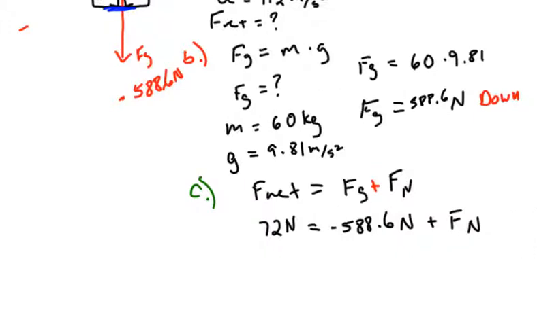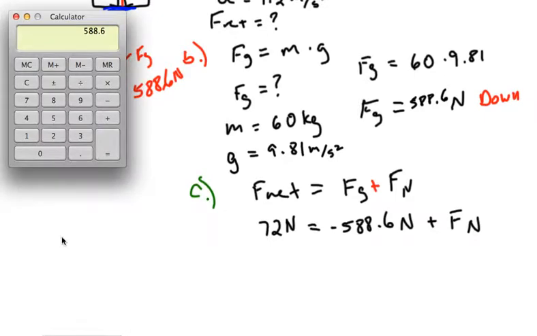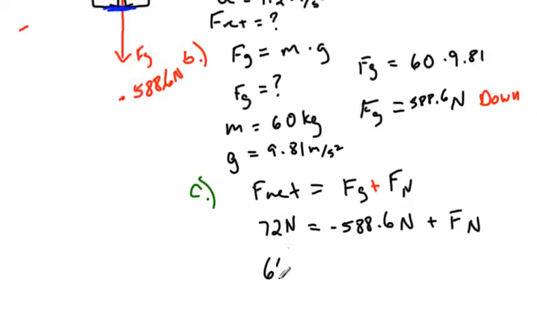And if we solve for this equation, look, we got the numbers plugged in. Just add 588.6 to both sides. So what is that plus 72? 660, just about 0.6 newtons equals the normal force.